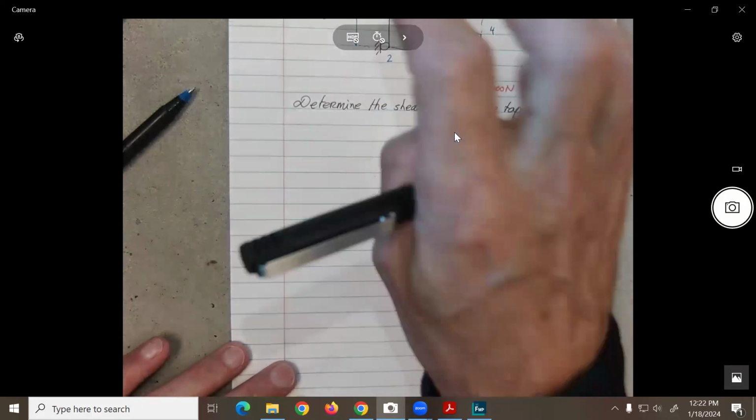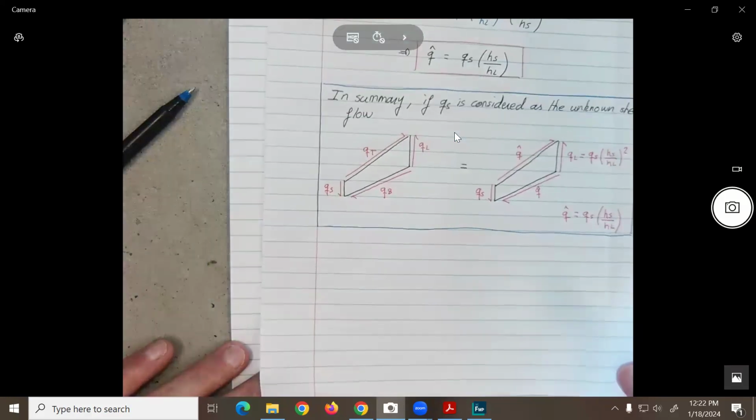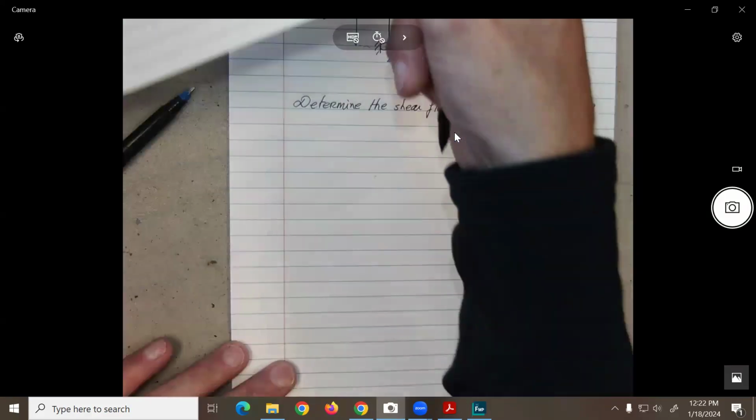Okay, so basically what I want to do is use this figure over here. Just direct application.